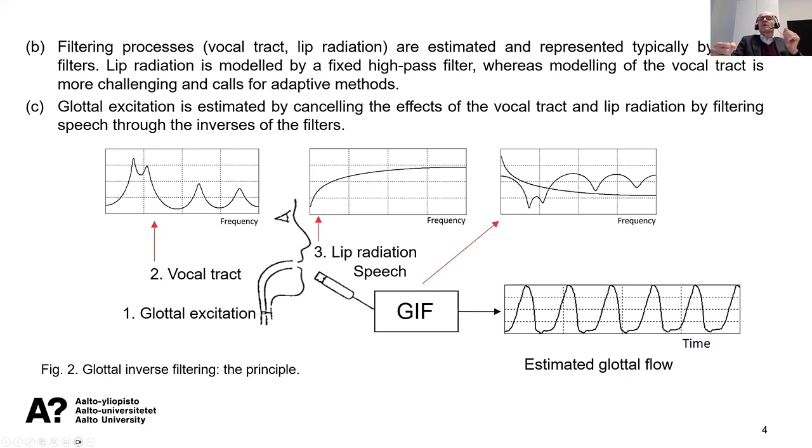And once that has been estimated, then the computer simply takes the input signal and feeds that through the inverse of the vocal tract model and inverse of the lip radiation model. In other words, the computer cancels the effect of the formants and the lip radiation. And what comes out of this box, so to say, is a time domain estimate of the flow of air, which is used as excitation. So this is our target.